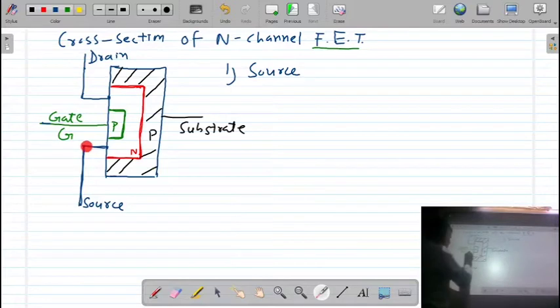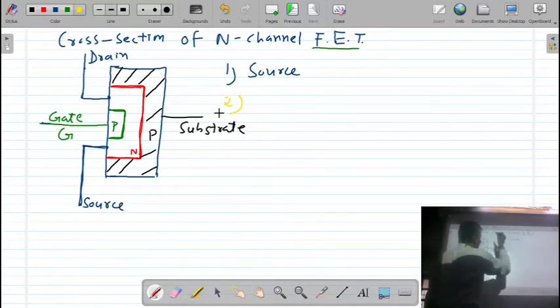This source is the terminal through which charge carriers enter this channel, and these charge carriers will flow like this, and through the drain they come out. Source is the terminal through which charge carriers enter, and drain is the terminal through which charge carriers come out.